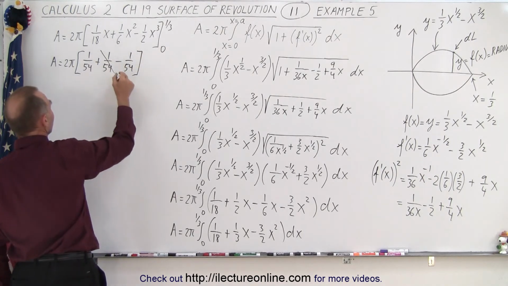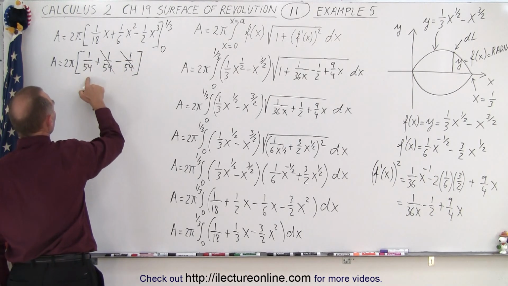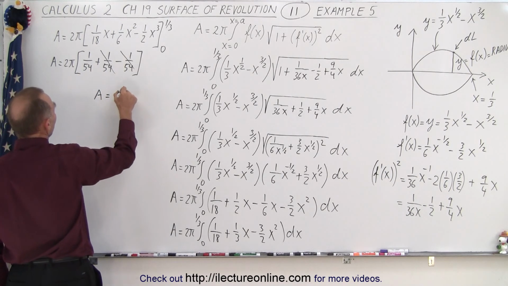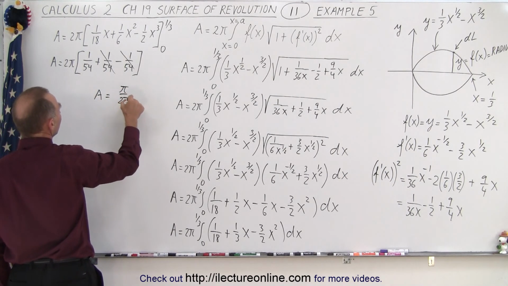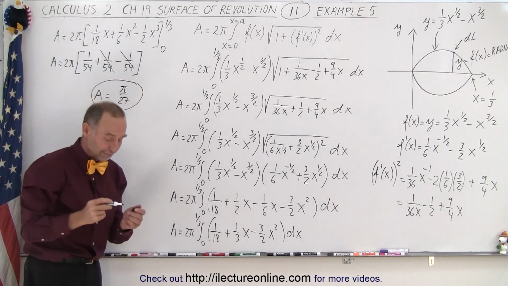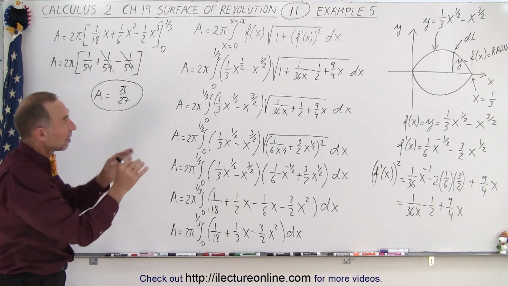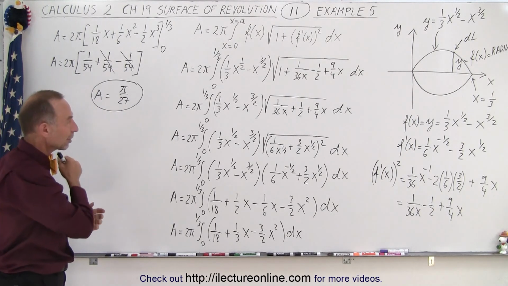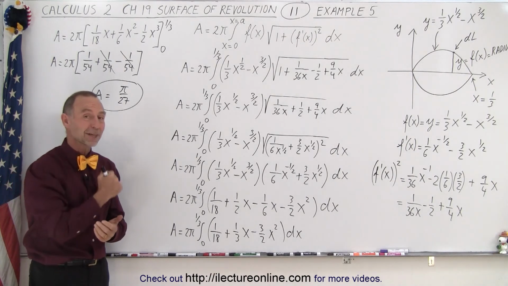And of course, notice that this cancels out that. 2 times 1 over 54 is 1 over 27, so the area equals pi over 27. Wow, it reduces to a very simple answer. That's it. That's the surface area of that football or rugby ball shaped object, pi over 27, and that is how it's done.